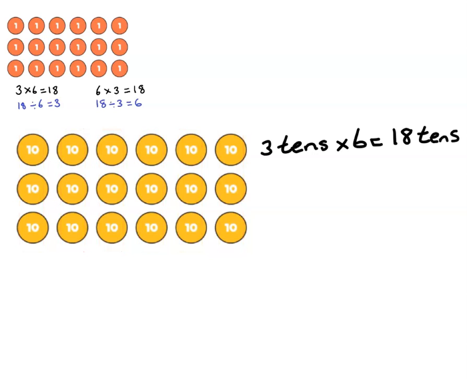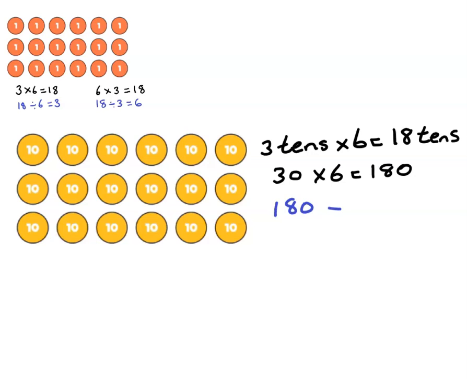What else does that represent? Well, 3 10s is 30. 30 times 6 is equal to, and 18 tens is 180.